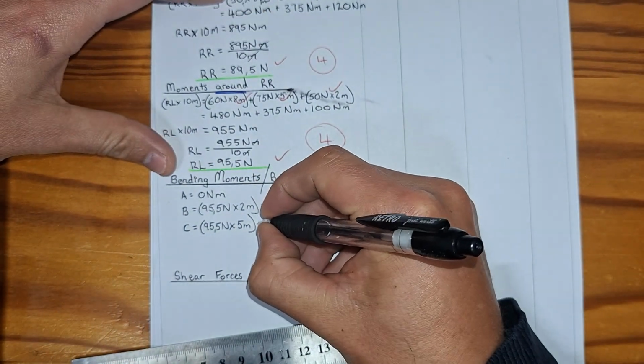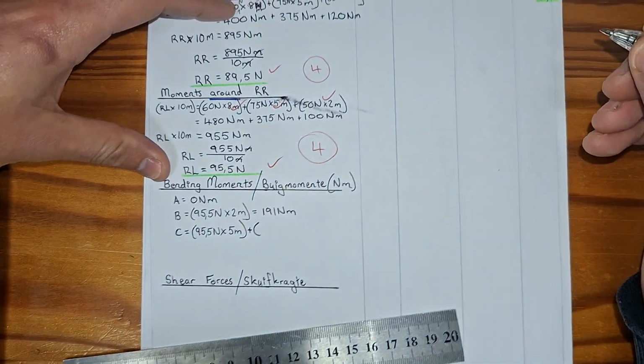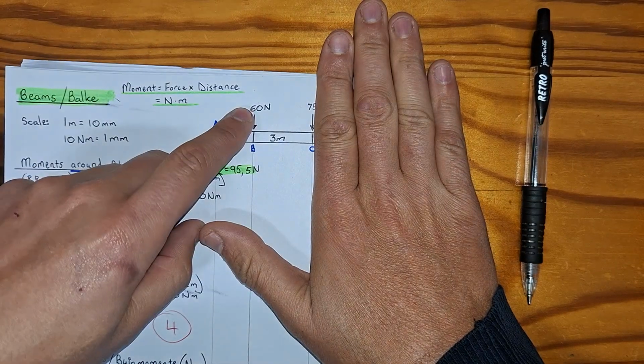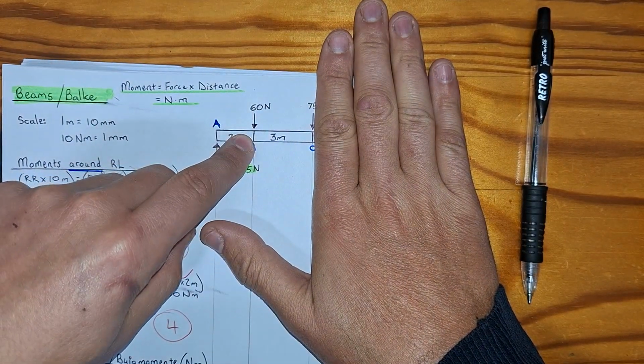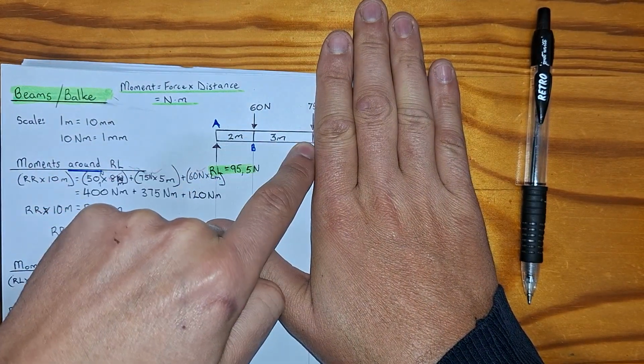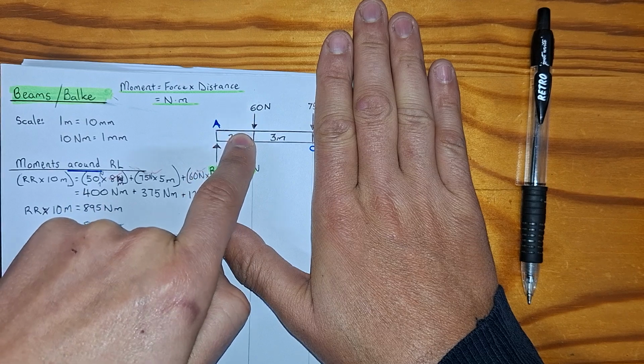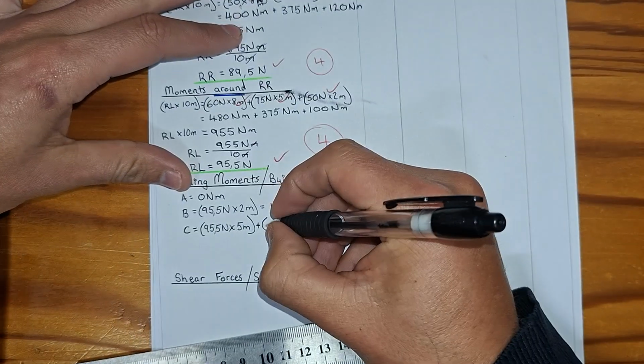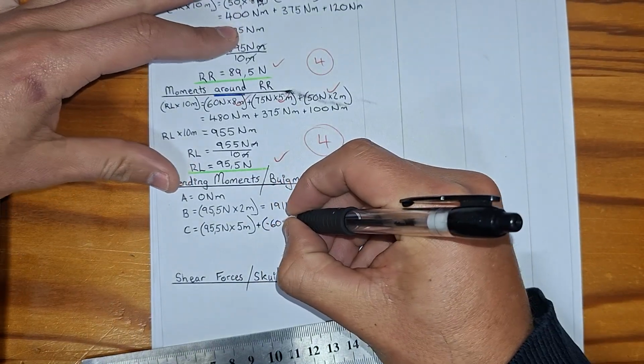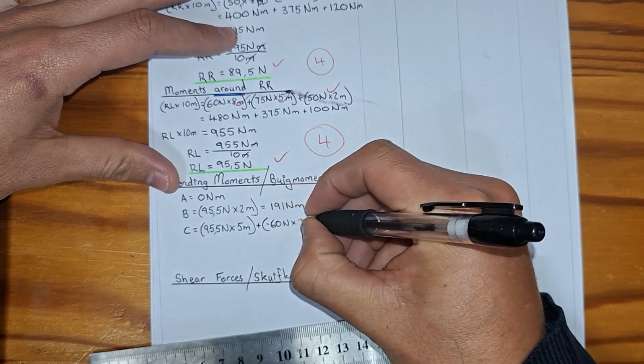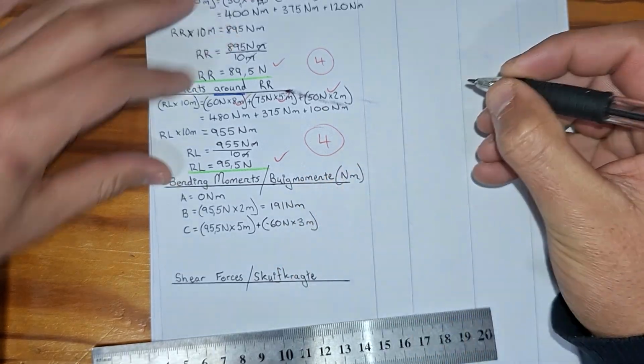So we will have outside of the bracket a plus, open the bracket for the new moment, and then it will be a downwards force, which is a negative force, times the distance. So it's minus 60 Newtons times 3 meters.